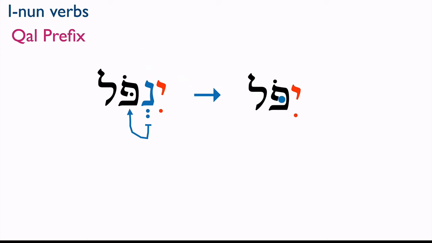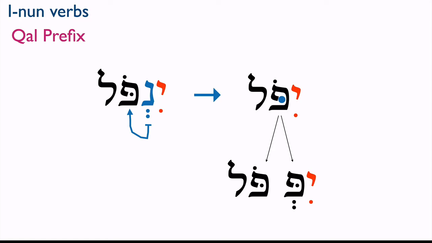And although there was already a dagesh lene in the pe, making it a hard p instead of f, now we have a dagesh forte because the nun has resulted in the doubling of the next letter. So really, for purposes of pronunciation, this is yippol, because that doubling dagesh has resulted in two versions of the p.